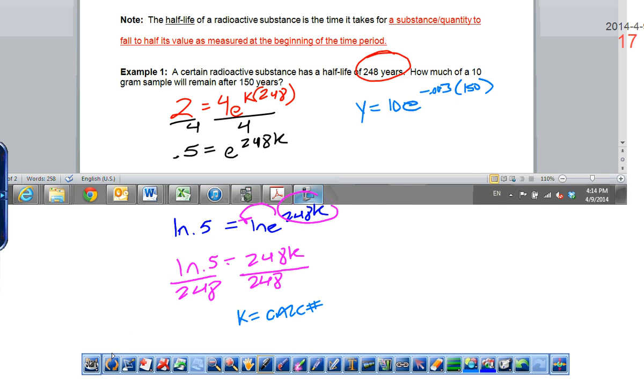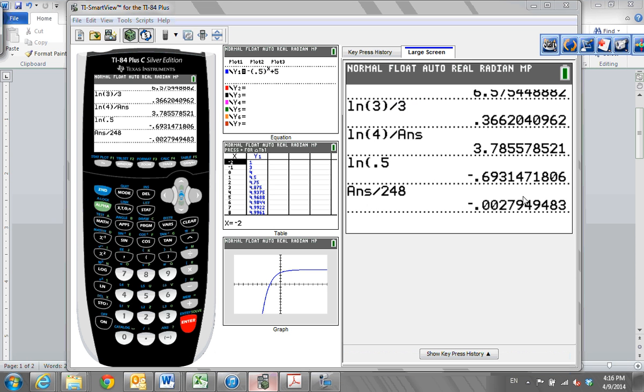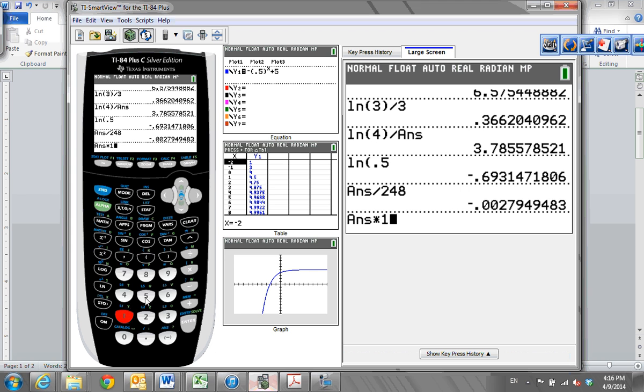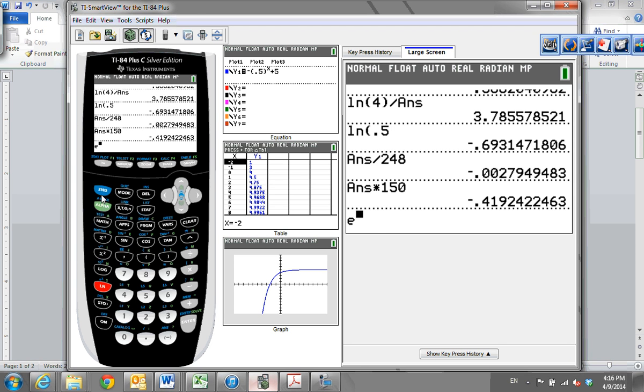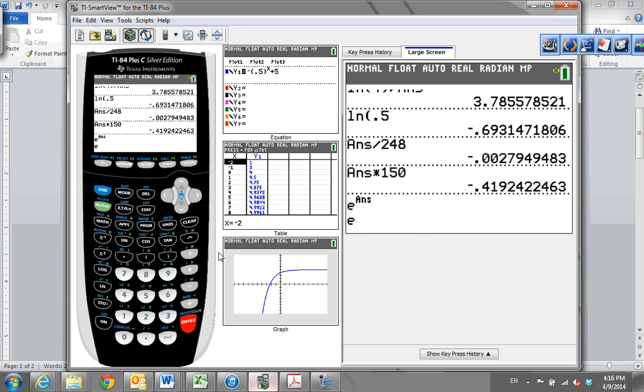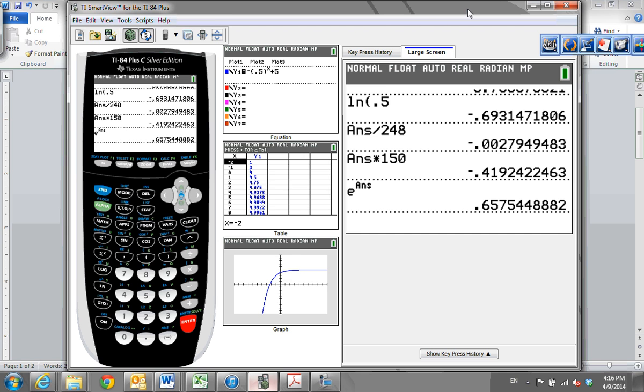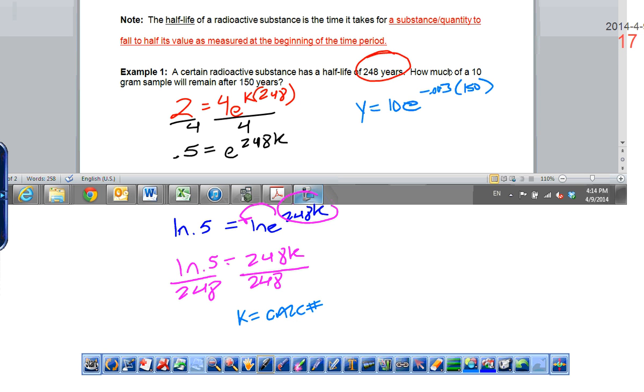So what I would do is first take this number, multiply by 150, because I'm going to end up doing that anyway. Then I'm going to take e to that power. So e, and then watch my keystrokes for a second, and then the negative button to get this answer. It gives you our last answer that was on our calculator. And then I'm just multiplying by 10.